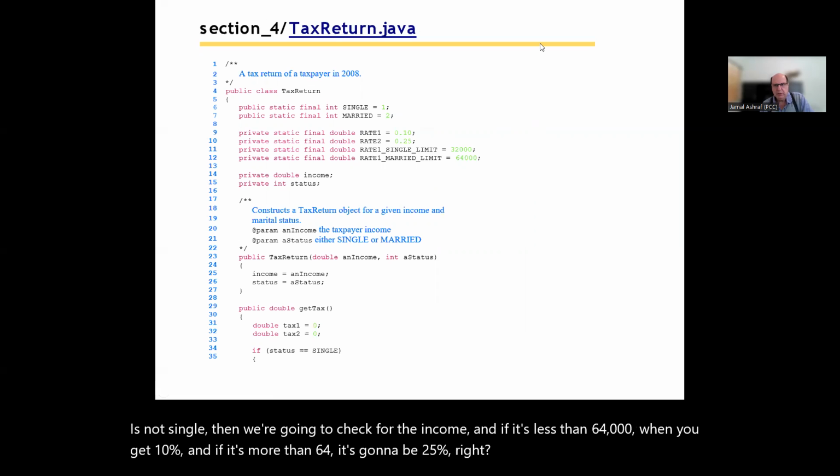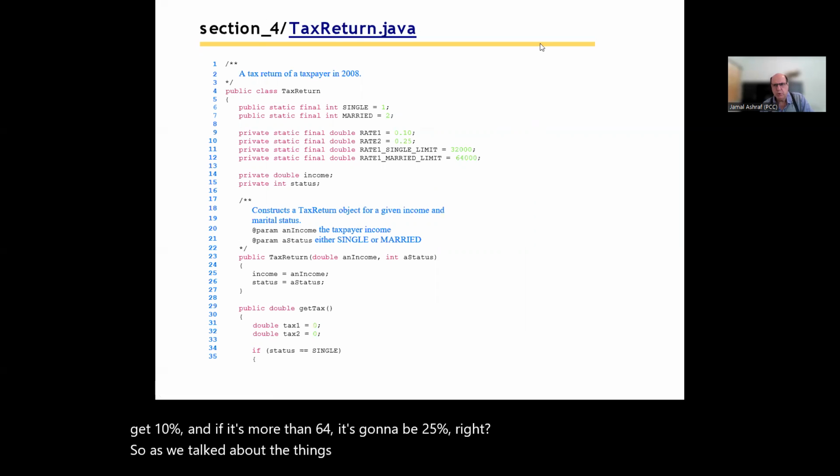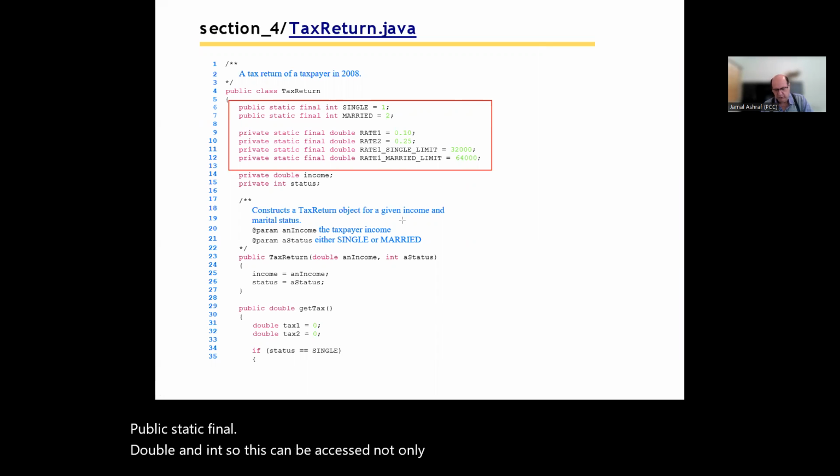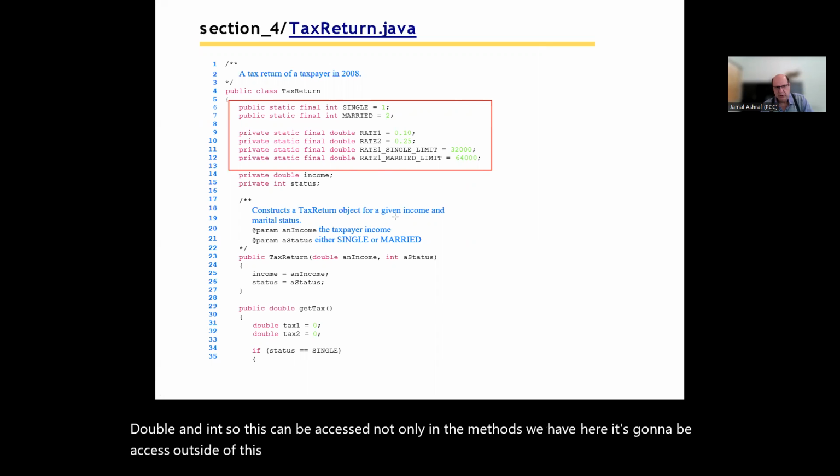So as we talked about, the things we are supposed to do: public, static, final, double, and int. These can be accessed not only in all the methods we have here, they're going to be accessed outside of this class as well. The public ones can, but the private ones cannot be accessed from outside.